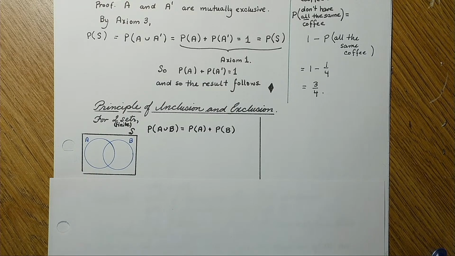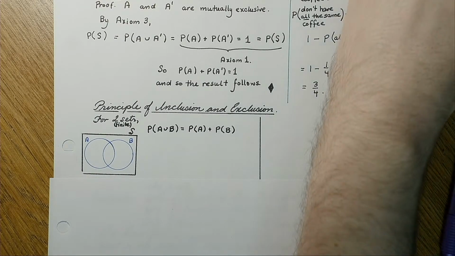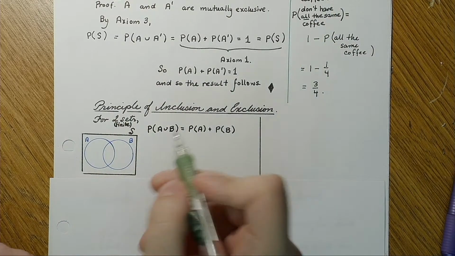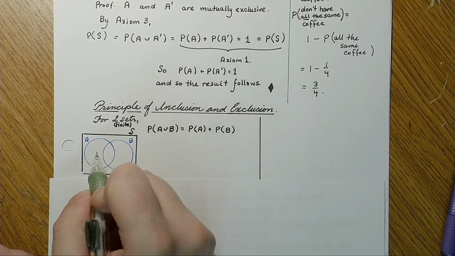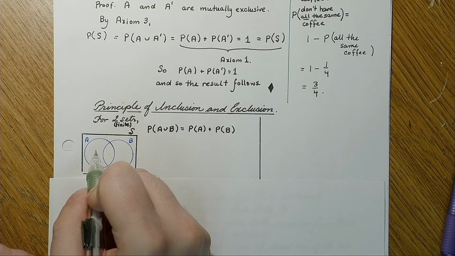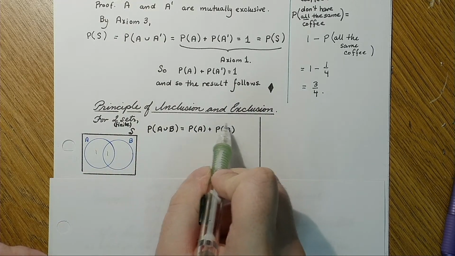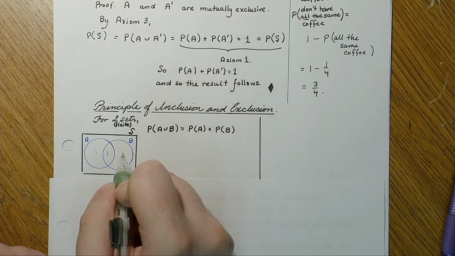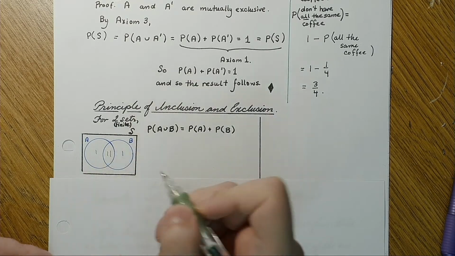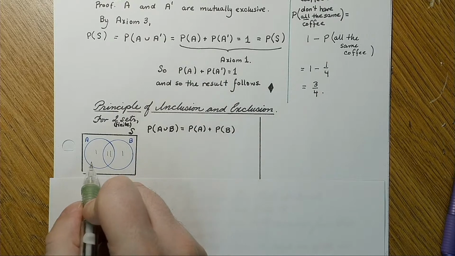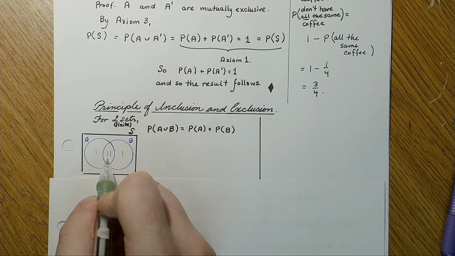So if I sum up everything in A, I'm going to put a mark here. And then I also will have the probability of B, so I will have everything in this section and this section as well. So what I've done is I've effectively double counted the intersection.